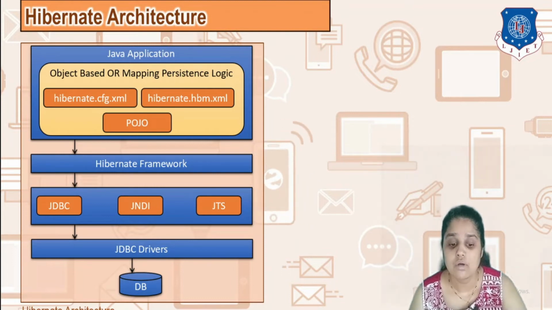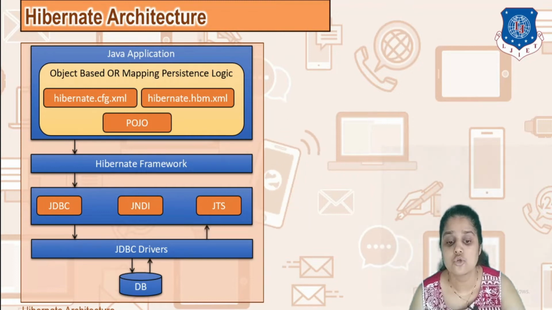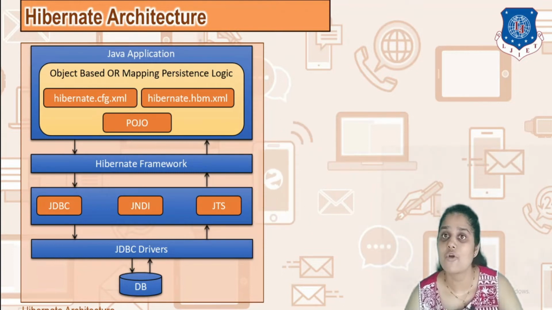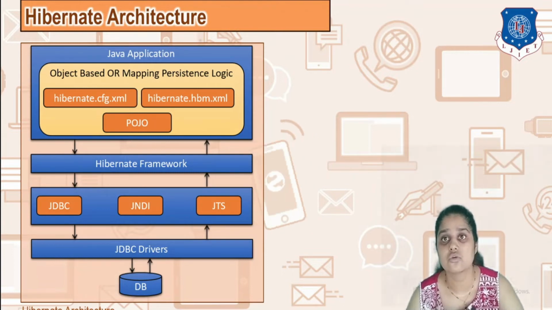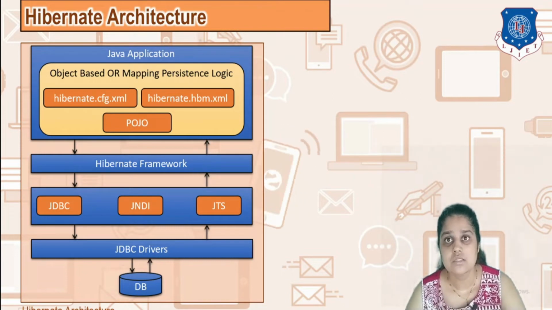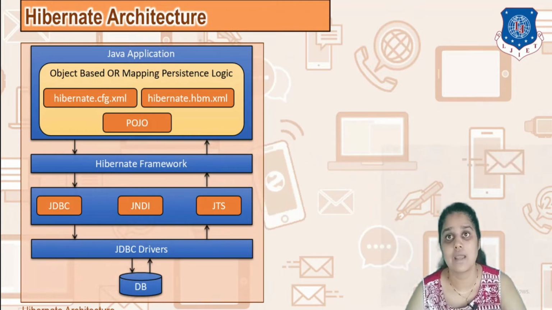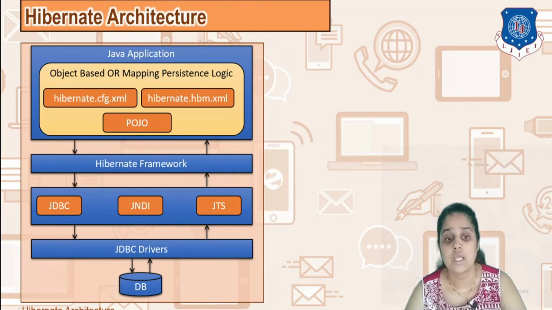The outward flow is from the database to the Hibernate framework and back to your application. So this is how your overall Hibernate architecture will work. This is simple core theory, but you will understand this concept properly when we code the whole Hibernate program. So in order to understand this architecture in detail, let us move on to the coding.